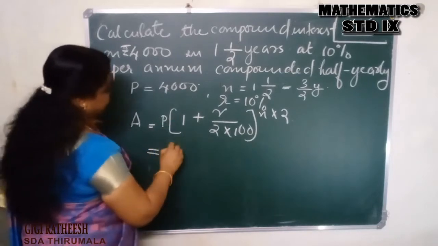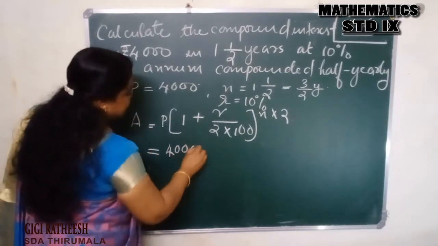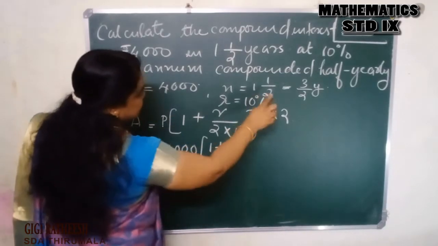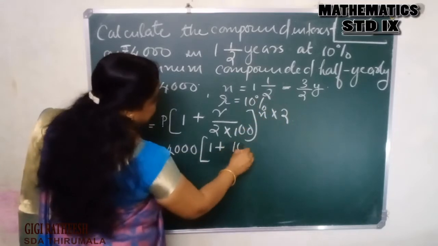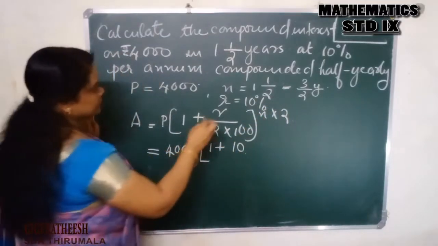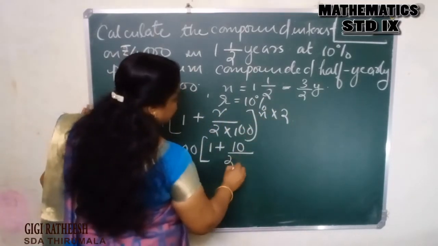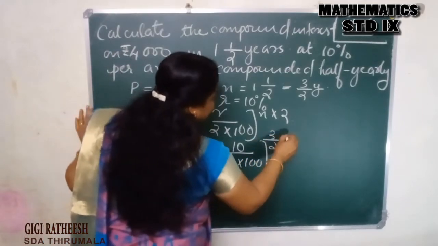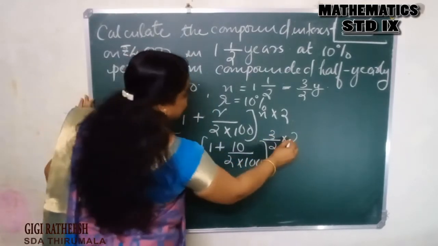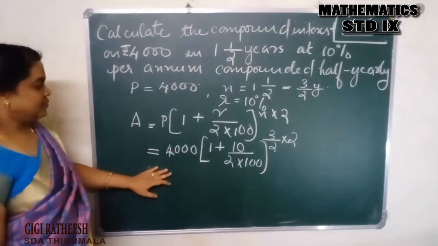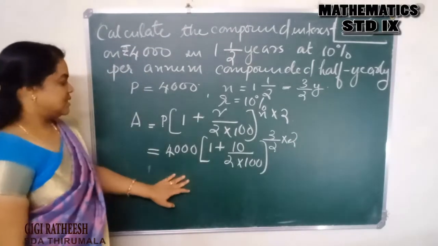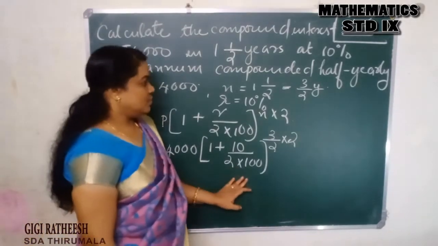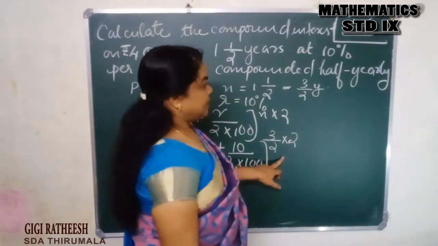That is P is equal to 4000 into 1 plus R is equal to 10%, that is 10 by 2 into 100 the whole raised to 3 by 2 into 2. That is A is equal to 4000 into 1 plus 10 by 2 into 100 the whole raised to 3 by 2 into 2.